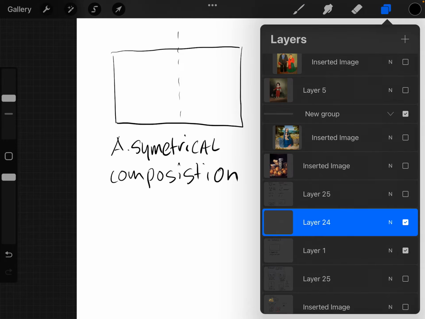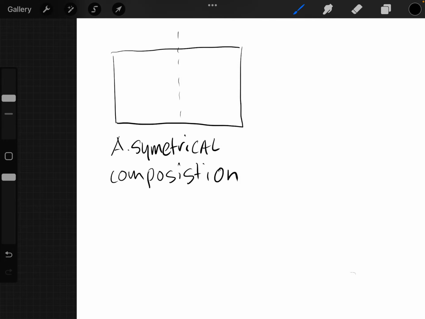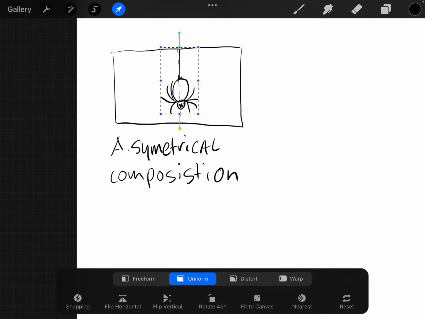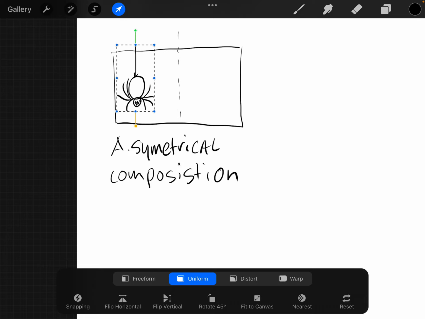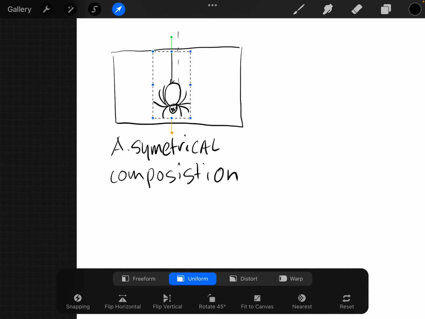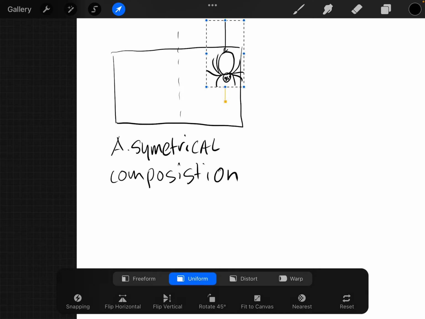Anytime you draw something, for example a little spider, like this, two, three, four, and you put it a little bit to the side, or anywhere just ever so slightly more on one side, you are creating tension.